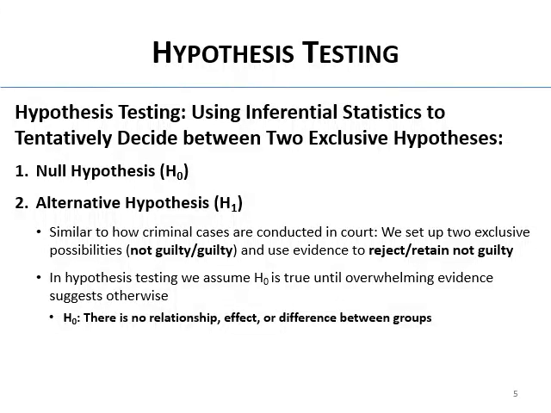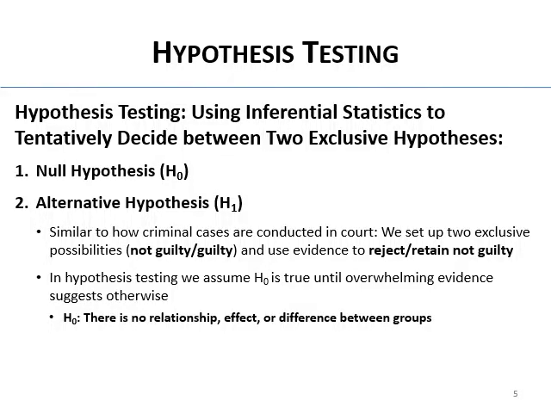You assume, nope, nothing going on here, and you only conclude that there is when you get all this evidence suggesting otherwise. So the null hypothesis always says nothing going on here, no relationship, no effect, no difference between groups. Sometimes it does have a direction. You think one group's higher or lower, or the correlation's positive or negative. But even when it has those in there, it always had equal to 0 in the correlation, right?